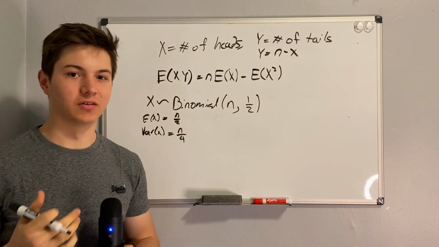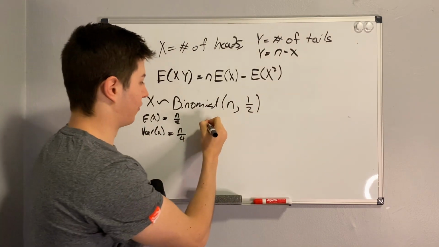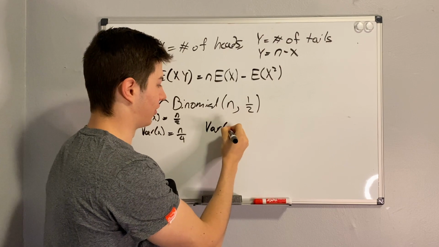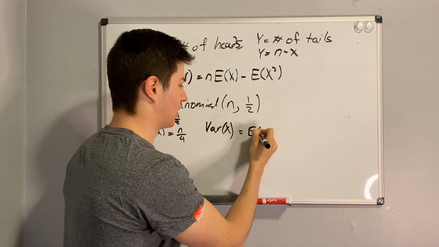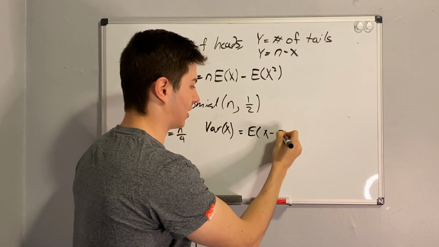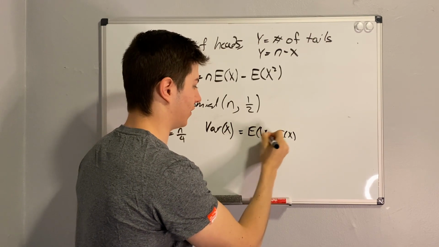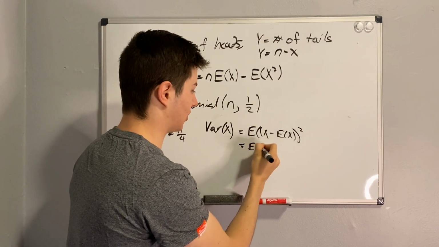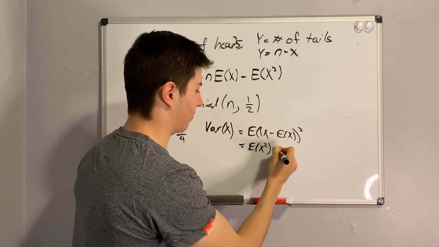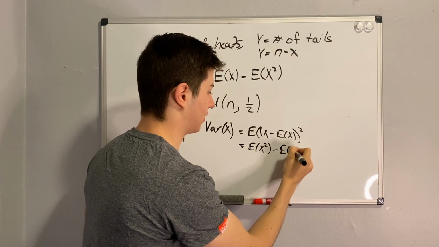Okay, so why do we care about the variance of x? Well, if you remember the formula for variance, the variance of any random variable x is the expectation of (x minus the expectation of x) all squared. But this can be simplified to the expectation of x squared minus (the expectation of x) all squared.